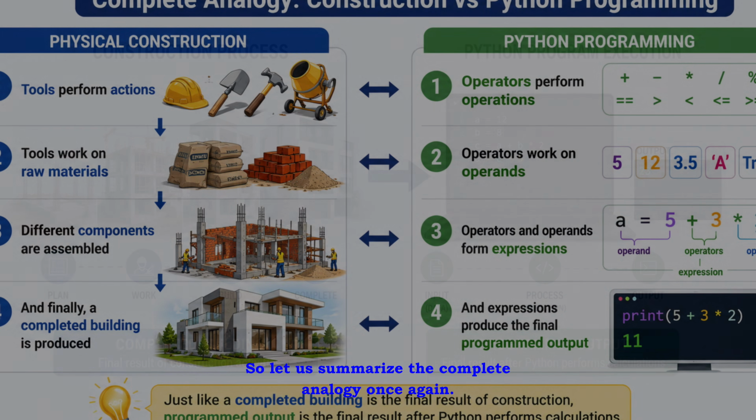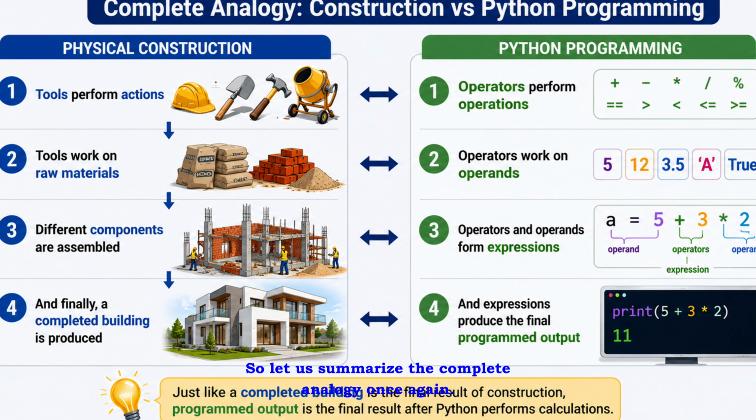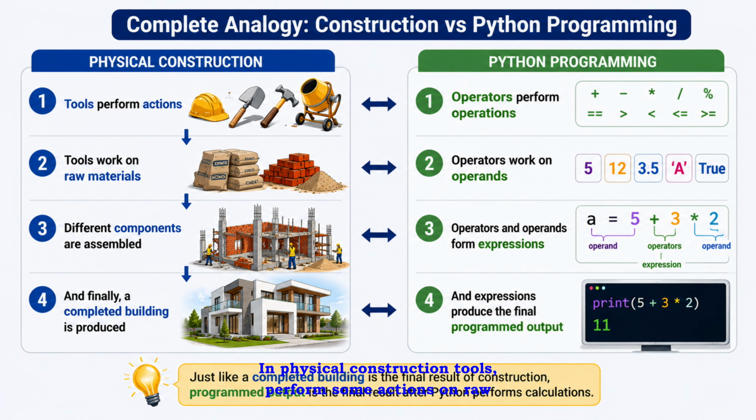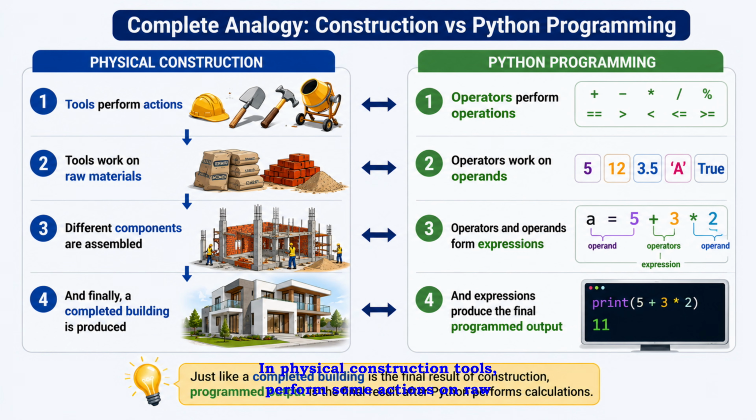So let us summarize the complete analogy once again. In physical construction, tools perform some actions on raw materials, different components are assembled, and finally a completed building is produced.